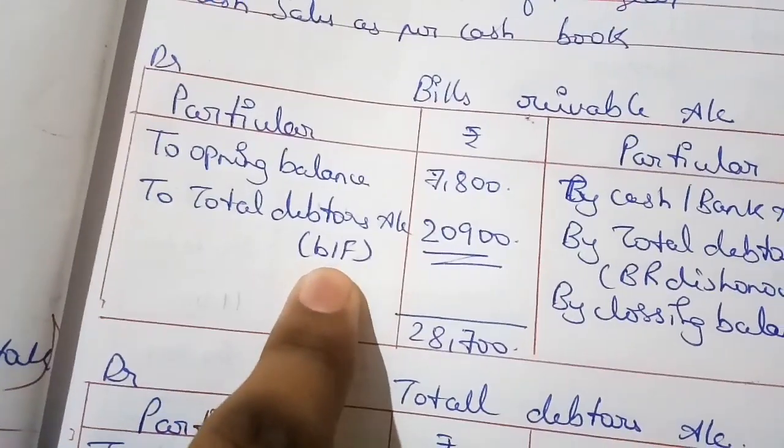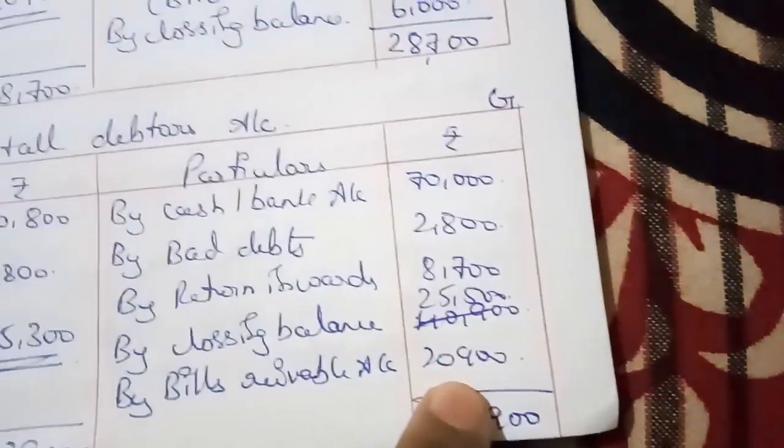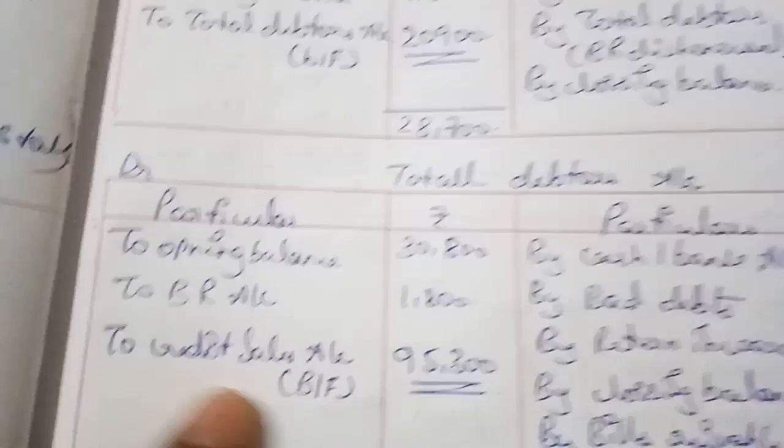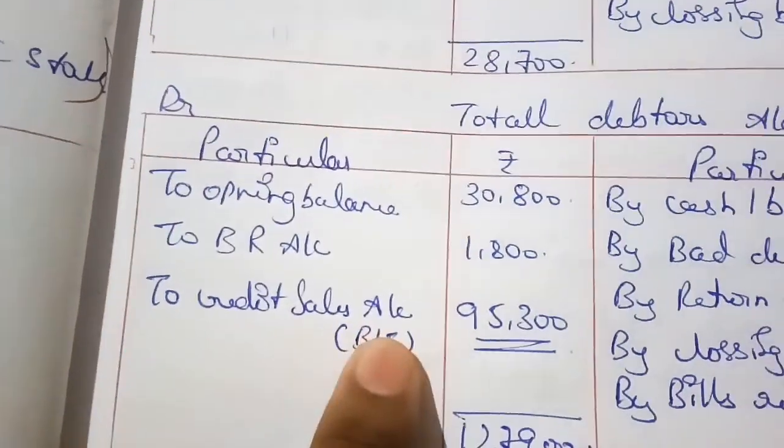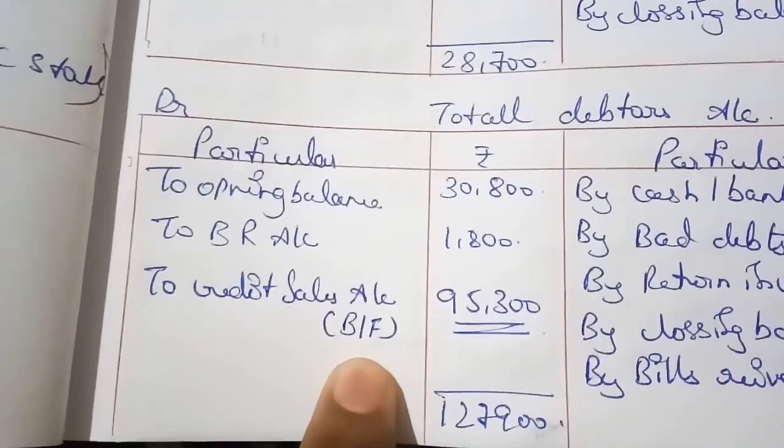Okay, to total debtors account, so this account will come here. Okay, so the same amount, see, and we'll total it up and subtract from both. The answer is 95,300, which is known as credit sales and is the balancing figure also.